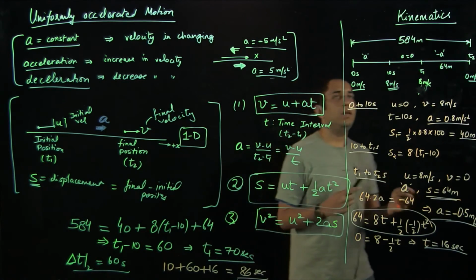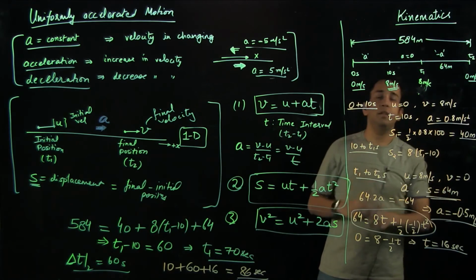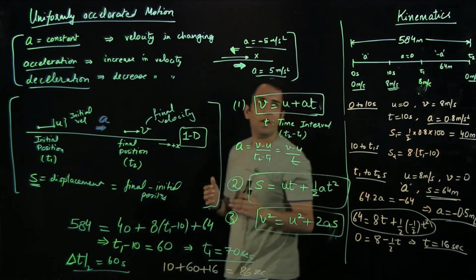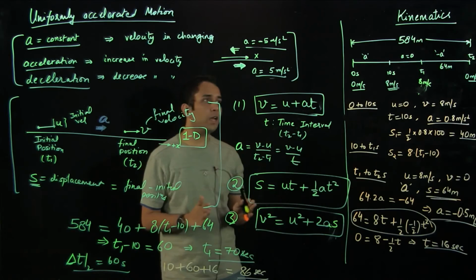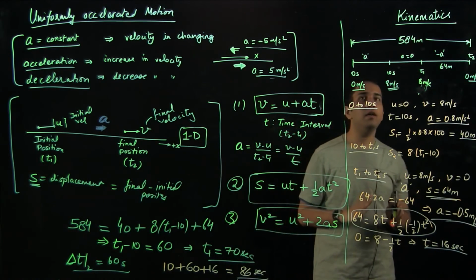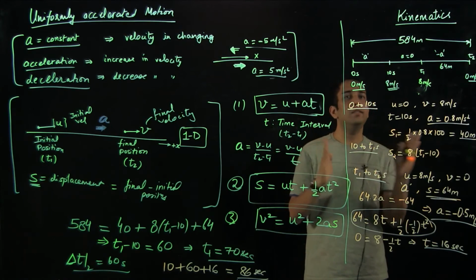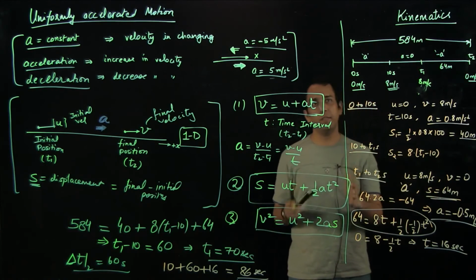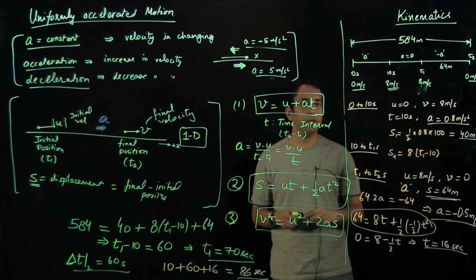As you have seen, in this question we had different time intervals, because in each of the time intervals the acceleration value was different. Although the acceleration was constant, we could separate these 3 time intervals depending on the acceleration present in that time interval.